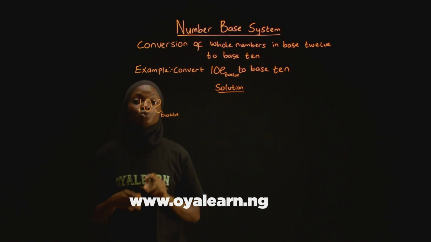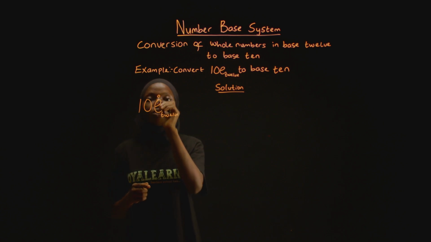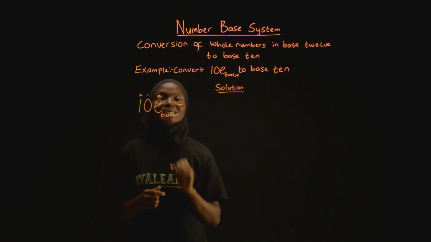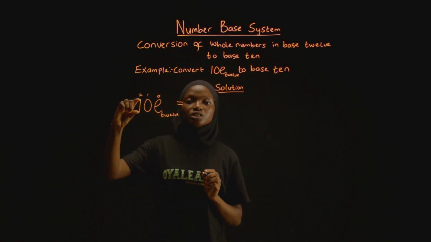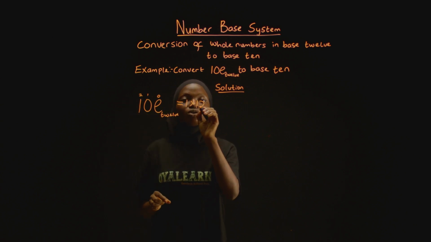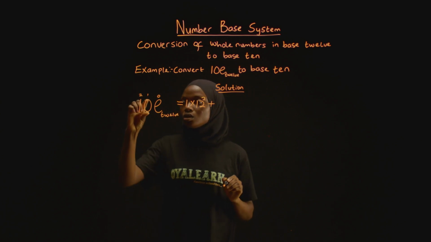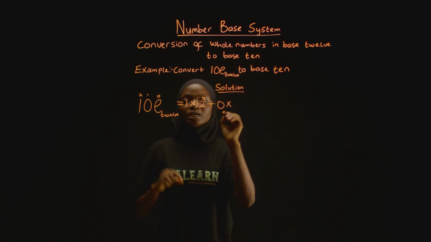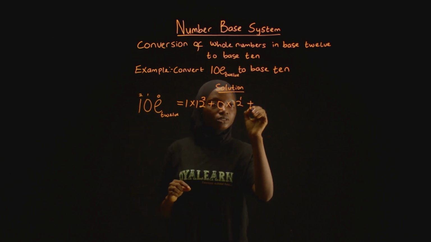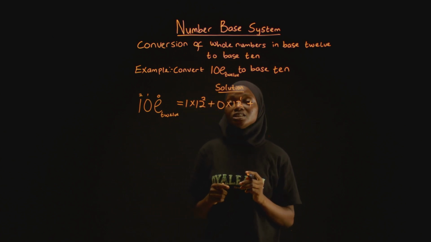Now the first thing is to number the digits, starting from the last digit from 0. That is, we have 0, 1, 2. And the next step is to take the first digit, which we have here as 1, multiply by the base 12, raised to the power of the numbering 2, plus the next digit 0, multiplied by the base 12, raised to the power of the numbering 1, plus the next digit e, and e in base 12 represents the digit 11.